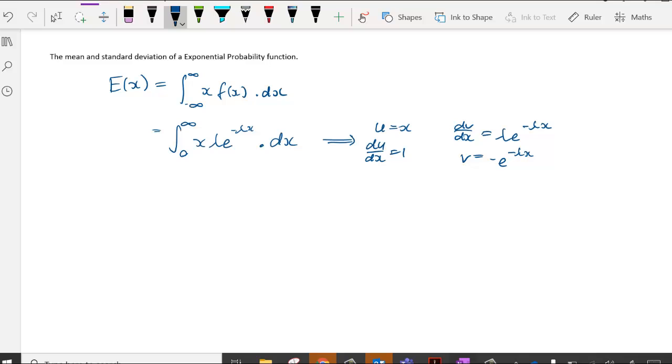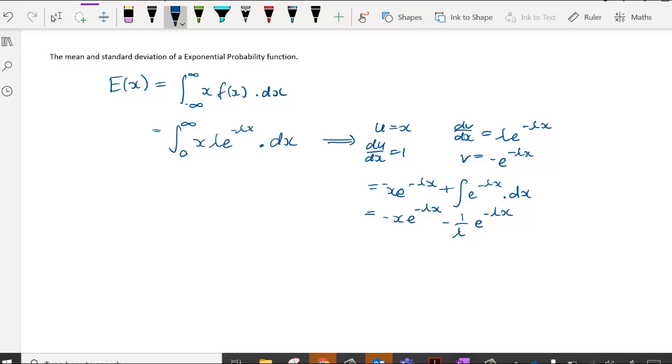Which means that our integral will be uv, which is negative x e to the negative lambda x, subtract the integral of v du/dx, which will make that plus e to the negative lambda x with respect to x. So we end up with negative x e to the negative lambda x, and then subtract 1 on lambda e to the negative lambda x.